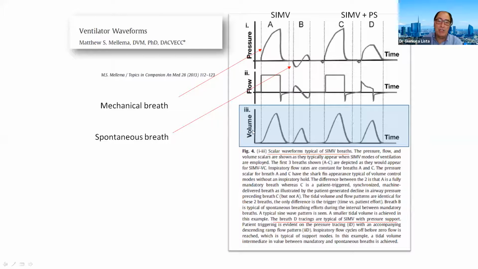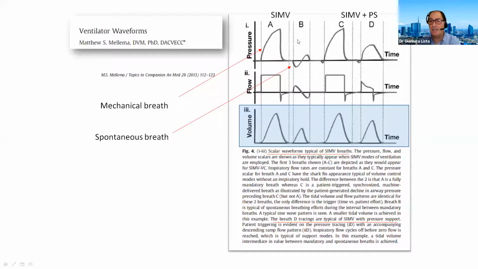Using observation of the volume trace, you can understand, for example, which could be the more appropriate modality of mechanical ventilation for this baby. The baby, for example, is mechanically ventilated with the SIMV, and you can see that the tidal volume generated during the mechanical breath is very, very different from the tidal volume generated from the spontaneous breath.